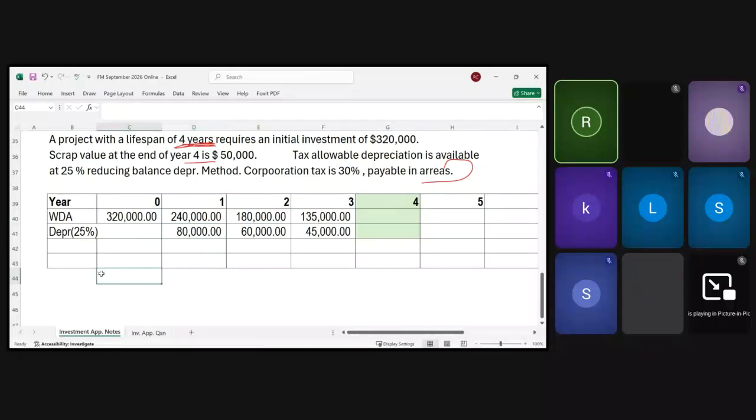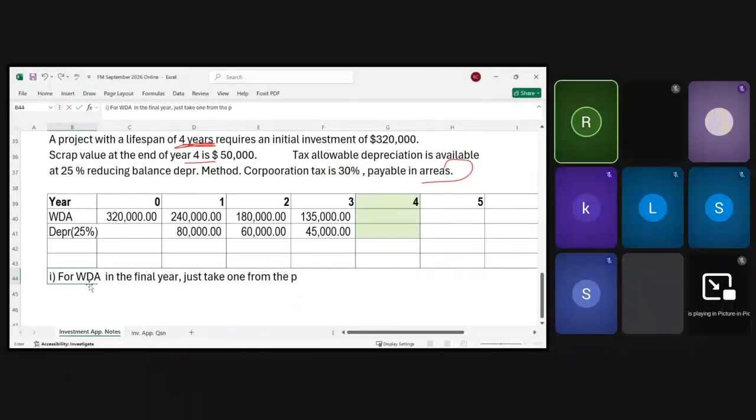Note number 1: for WDA in the final year, just take the one from the preceding year.